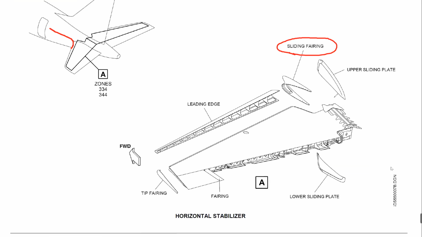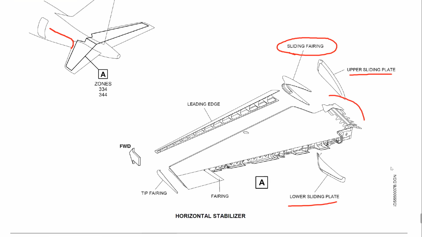But above and below the horizontal stabilizer, we can expect some gaps to appear, and these gaps are covered by sliding plates, upper and lower sliding plates, because when the horizontal stabilizer is moving up and down, these plates are moving together, and all the time the gap, the hole, let's say, on the fuselage is covered by the plates.